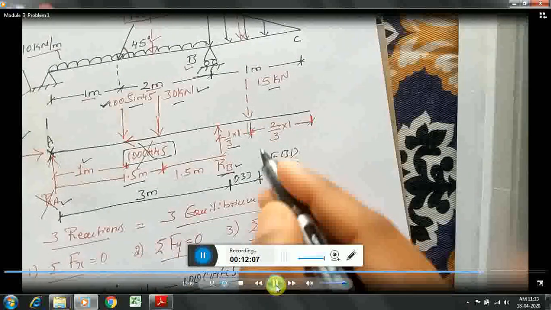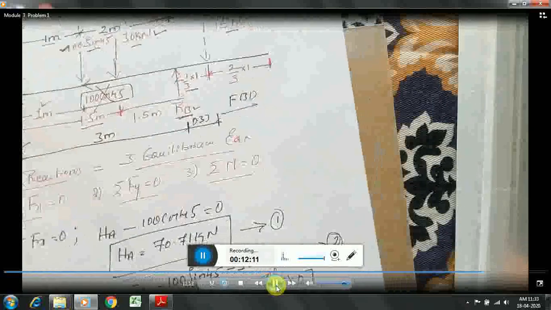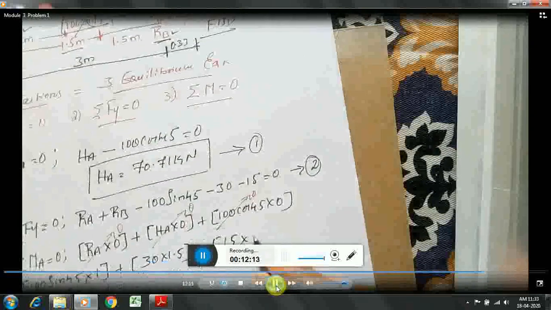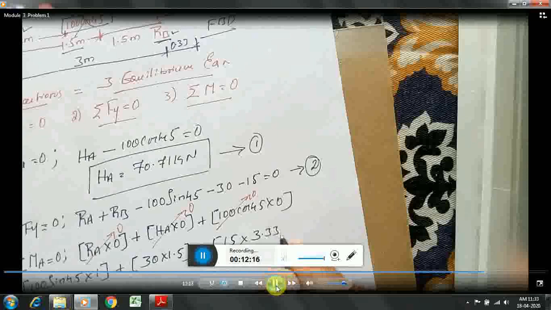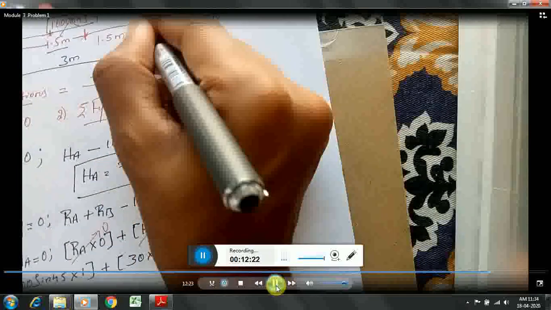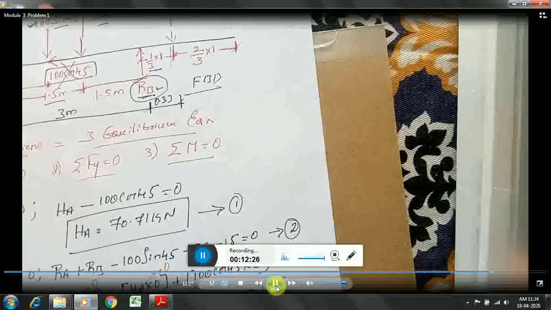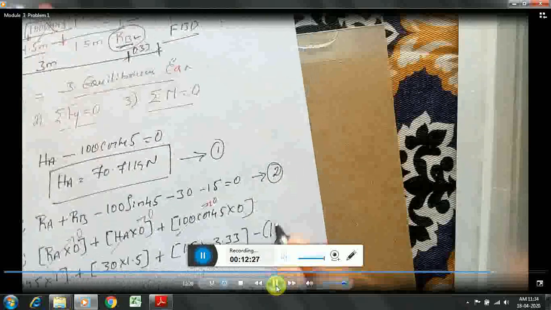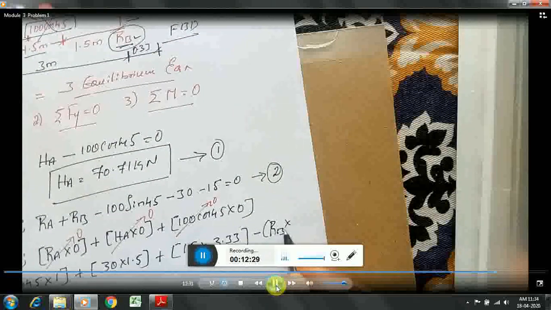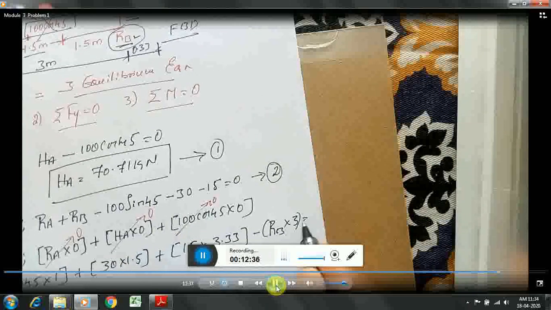And since it is 0.33, the lever arm will be 15 into 3.33 meters. Then minus this one. This will create an anti-clockwise moment. So it is minus RB into 3 is equal to 0.